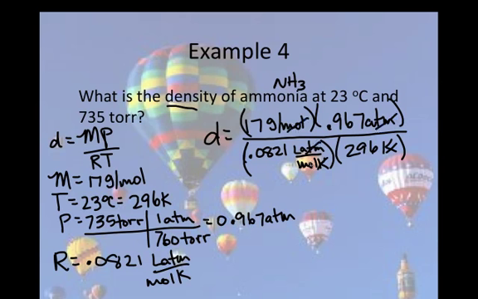All right, I'm going to check the units and make sure that things are working out okay. Moles, atmospheres, and kelvins cancel, and I'm left with grams over liters, which makes sense for units of density.